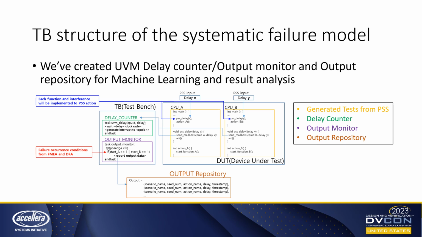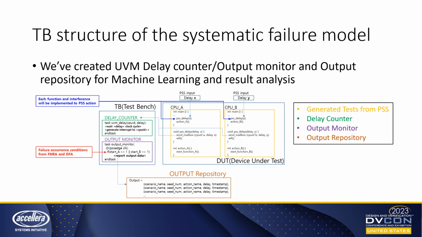But nanosecond or clock cycle level resolution is needed to synchronize each hardware event. For that reason, we have made the SystemVerilog UVM delay counter that waits a delay of a specific clock count and then generates an interrupt to the CPU, so that we fix the time consumption to assure its linearity.